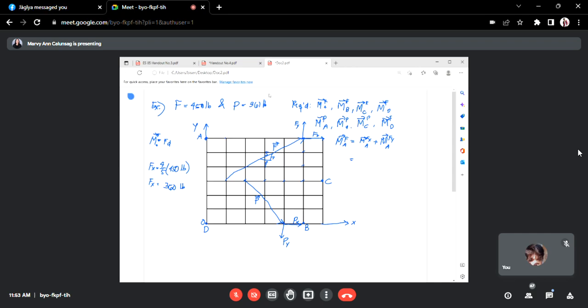And the y component of the force, looking at the slope, is 3/5 times the magnitude of F, 450 pounds. So Fy is 270 pounds.